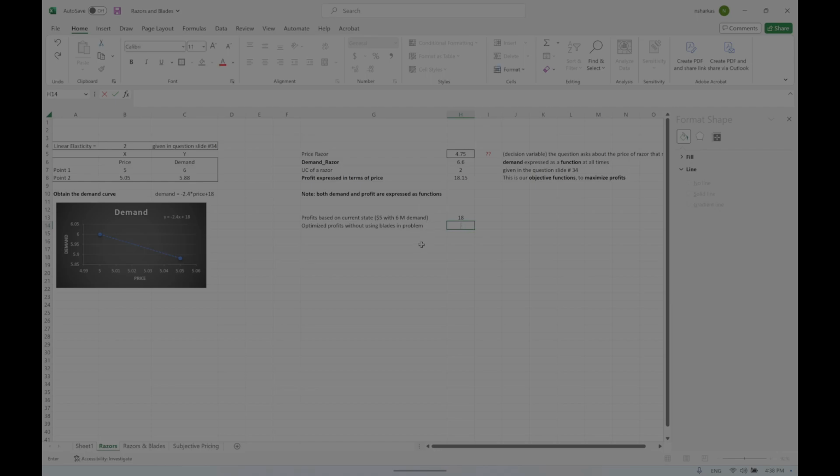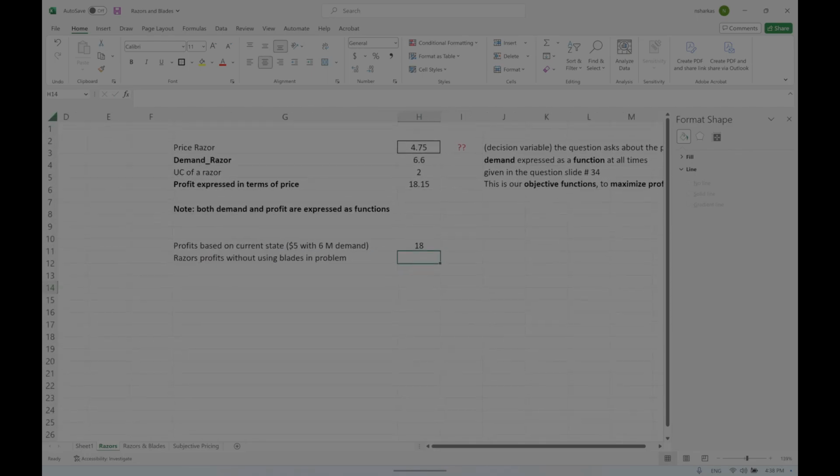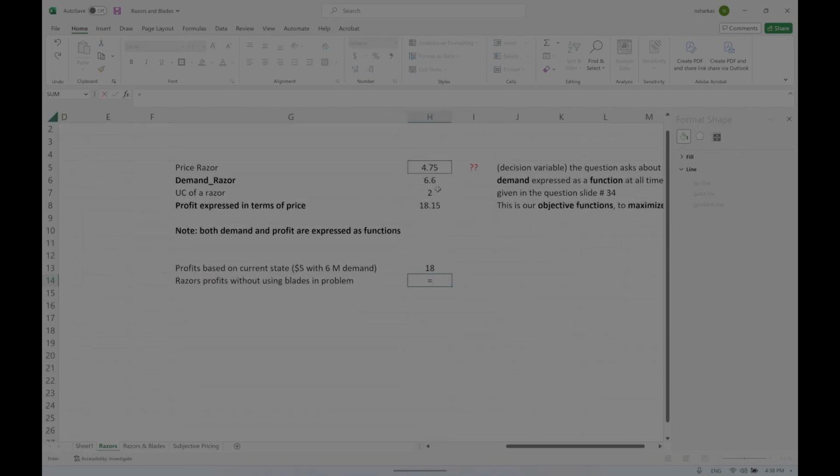Well, actually, I'm just going to write here razors profits. It's going to be the same exact thing, but here the demand will be 6.6, and then the new price minus the unit cost.